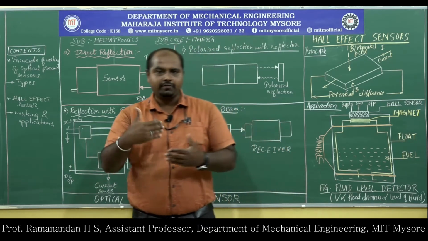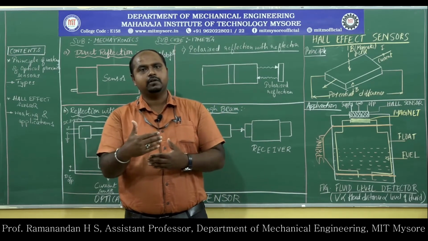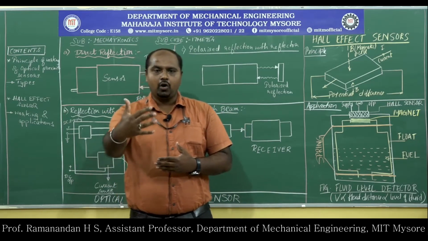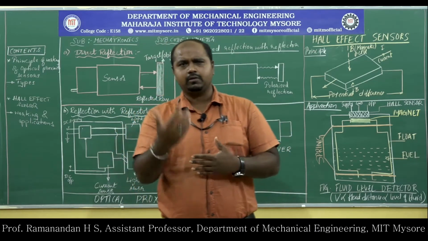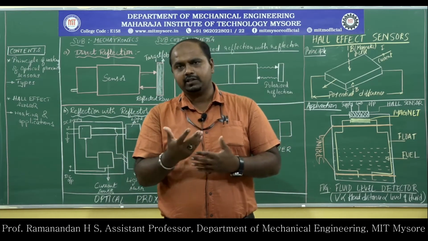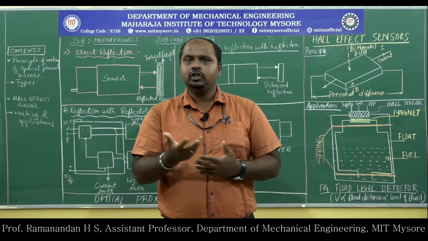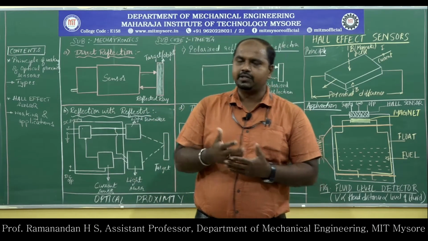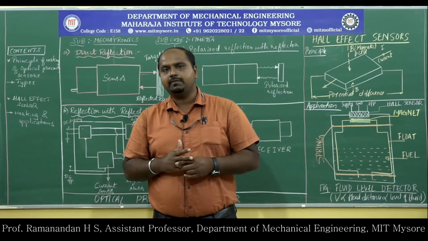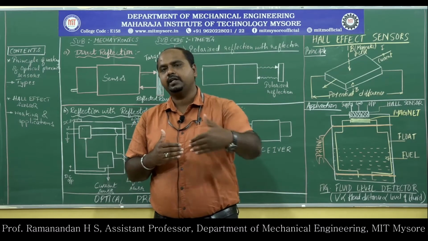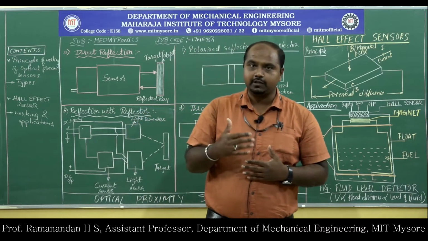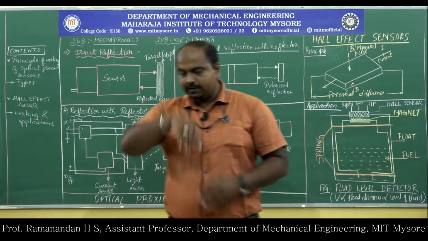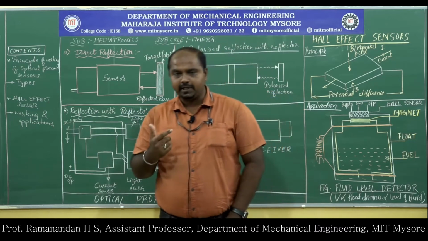By using a ray of light as an input from the system, the output also is measured in terms of a ray of light. It may be monochromatic or any form of polarized light, any reflecting light. So incident light can be measured by using optical proximity sensors, and the target can be sensed by the optical proximity sensor. Why do you need types here?